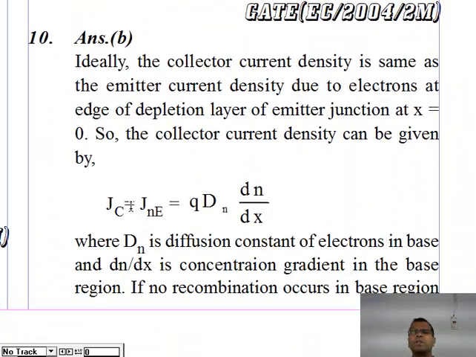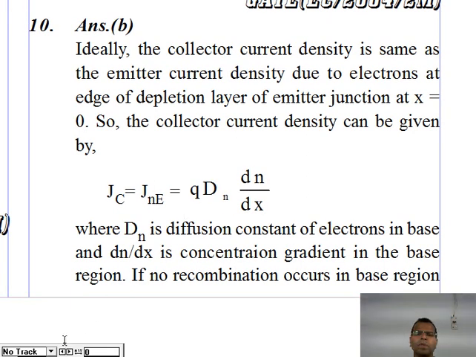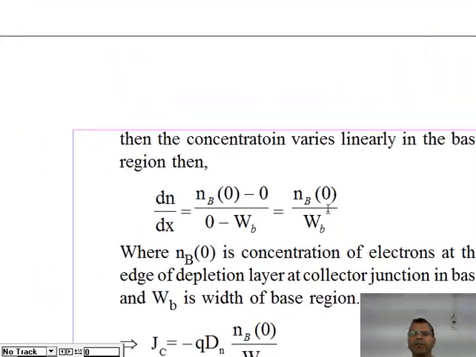So collector current density is given by what? Collector current density is the same as the emitter current density which is being injected from the emitter junction, and that is given by this relationship. Fine. So Dn is given to you, Q is given to you. Let us see further.